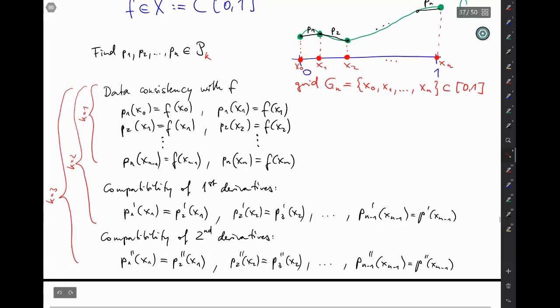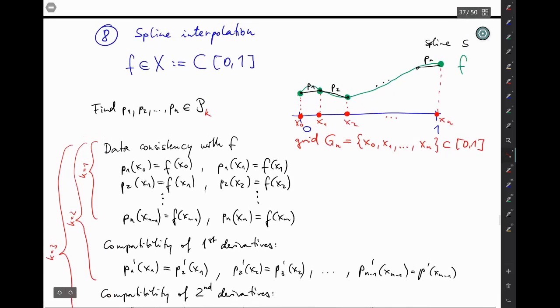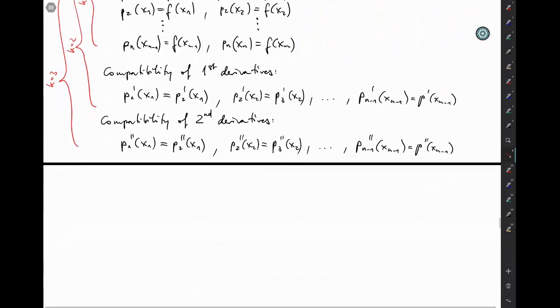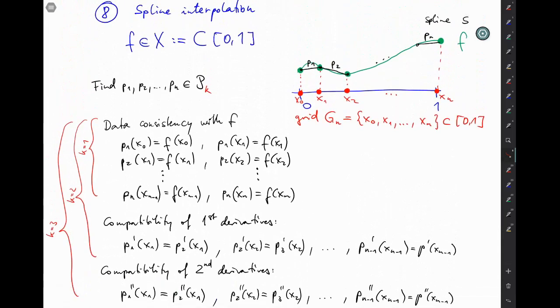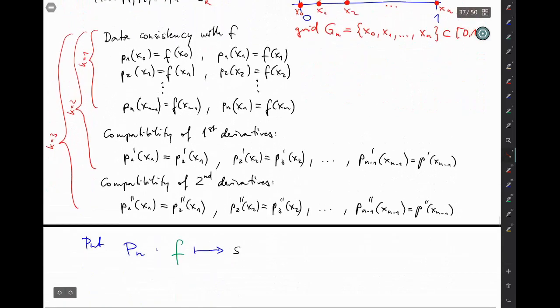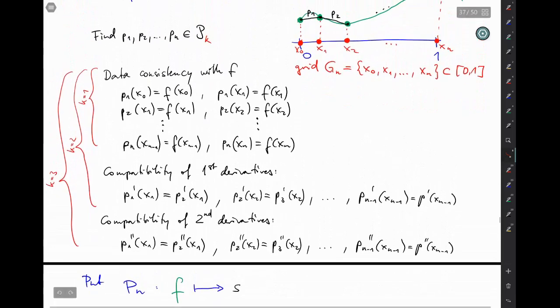Okay, and if you put your conditions right, and if they match the degree here, then again on each of these subintervals you get a unique solution, and therefore your spline S is uniquely determined, and you can again define a map taking your function f into this spline function S. Okay, and the n down here is essentially the size of your grid, right? Minus 1.